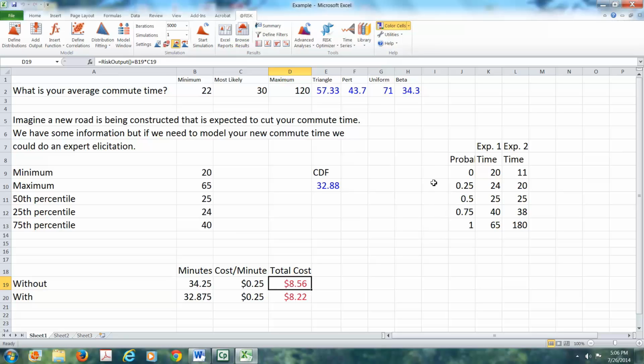Before we leave this exercise, let's have a look over here. This is where we've listed our elicited information, and we're going to compare it with the estimates of another expert who lives in your house and makes the same commute. Clearly, the two of you have some differences of opinion about the effectiveness of this new route.